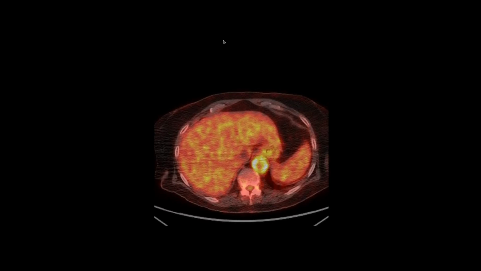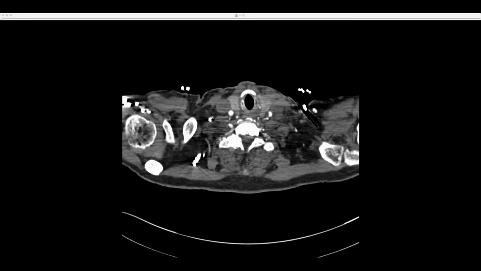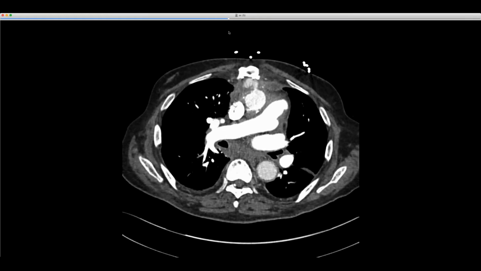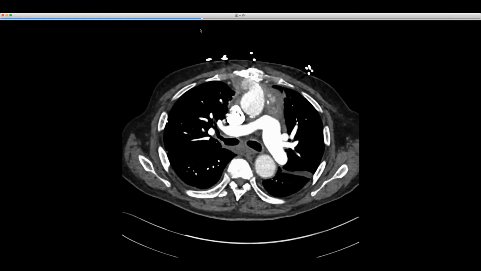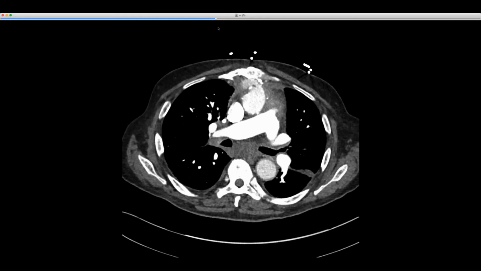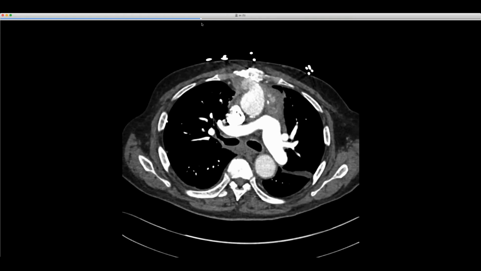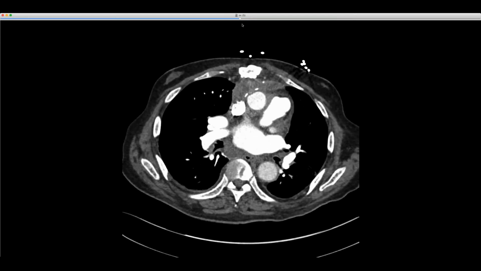Okay. And here's another case. Let me show you. This was just a device that we hadn't seen before. Let me bring up the window here. This is a patient who came in on presentation with this pseudoaneurysm of the ascending aorta anteriorly that's thought to be a mycotic pseudoaneurysm.